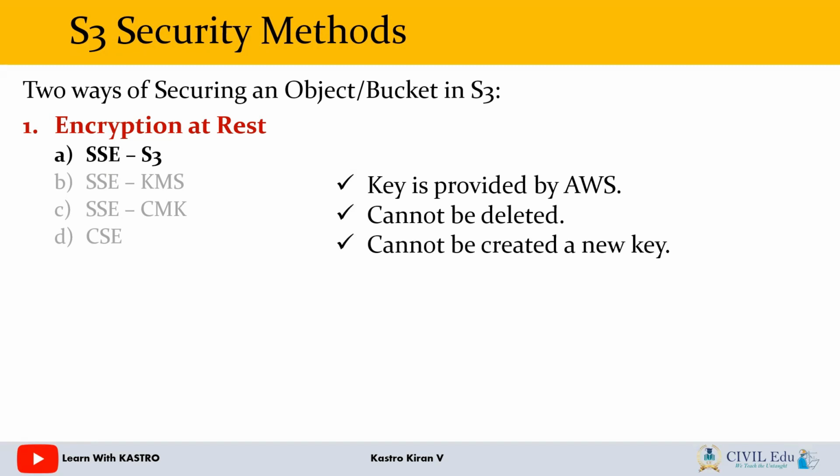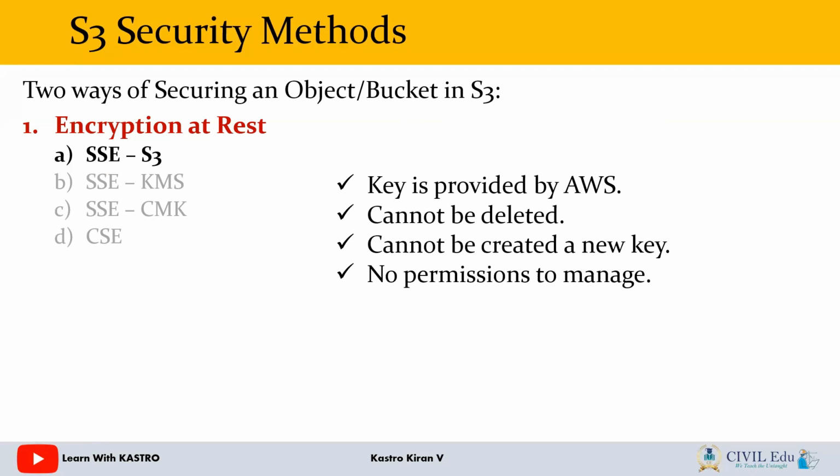And this key is completely managed by the AWS itself, and hence we call that as SSE S3, which is by default enabled whenever we are creating an S3 bucket. And here we don't have any kinds of permissions to manage this key. Everything will be taken care by the S3 service itself or the AWS cloud itself.